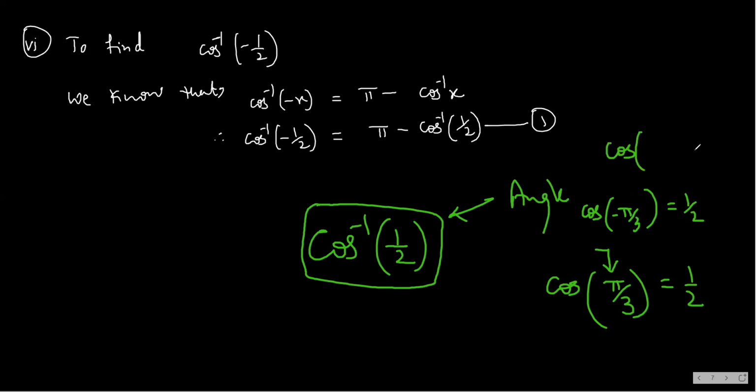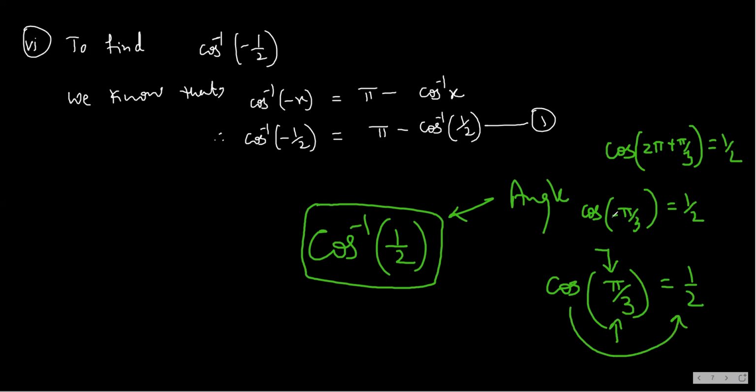Then cos of 2 pi plus pi by 3 is also 1 by 2. So if cos pi by 3 is 1 by 2, what is cos inverse 1 by 2?